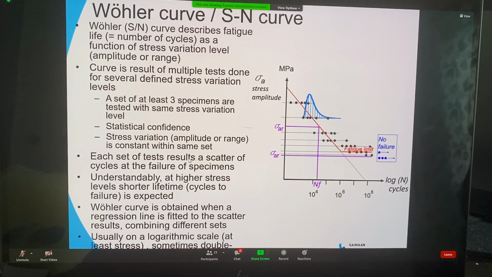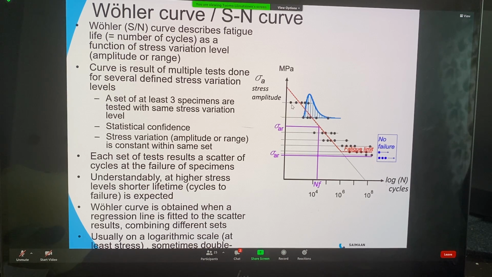And what is important is that we always keep the stress variation, the amplitude or range, the same within the same set of components. For example, here we can start with this highest stress amplitude, and the result would be 1, 2, 3, 4, 5 numbers to failure.